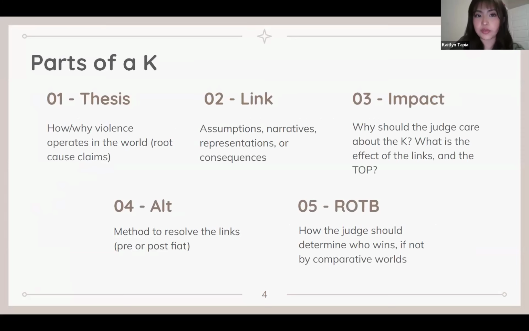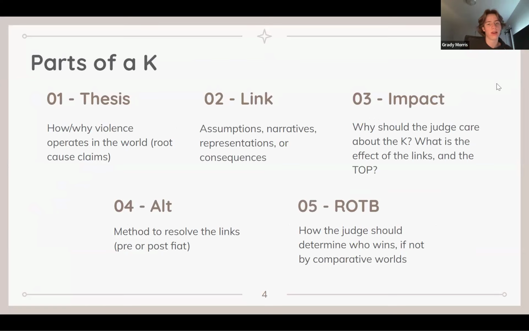So let's go through the different parts of a critique. Grady, do you want to go over this? Yeah, so there are five main parts of the K, and this will be an introductory slide, and then we'll go in depth on all of these in the coming slides. The first part is a thesis or the theory of power, which is essentially your explanation of how violence happens in the world and why it happens.